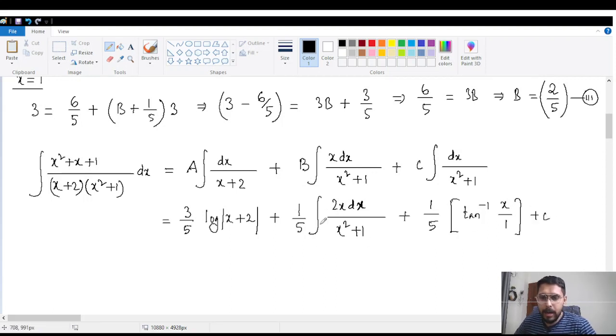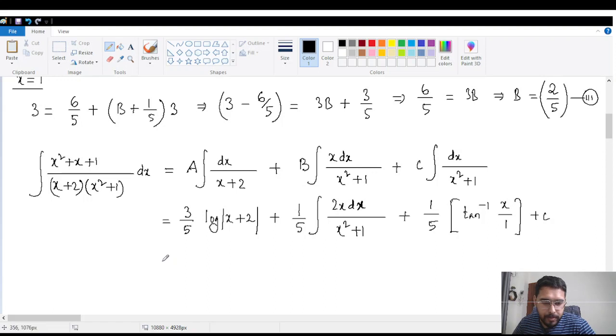Now this part, see, 2x is the derivative of x square. So if I take x square as t, then 2x dx becomes dt. And like that, we can do it as dt over t plus 1, which is logarithm of t plus 1, which is nothing but logarithm of x square plus 1.